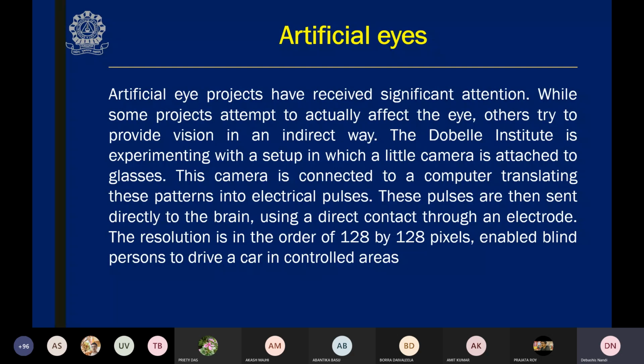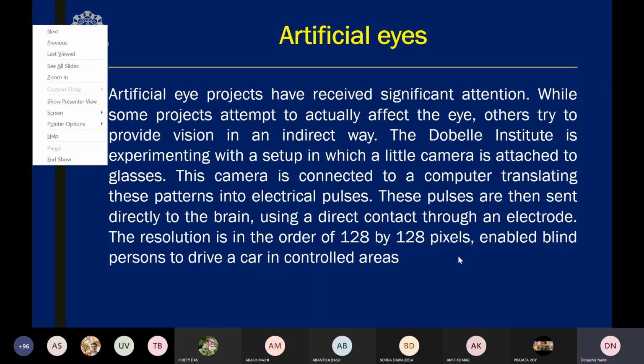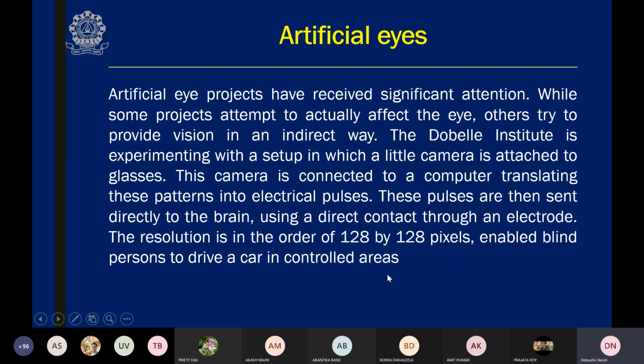It was tested in 2003. It was seen that if the computer takes some image, for example of 128 by 128 size, by a camera, then based on the analysis of this image, some persons were able to see the front scene and were able to drive the car in some controlled areas.